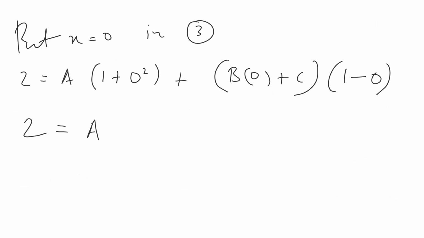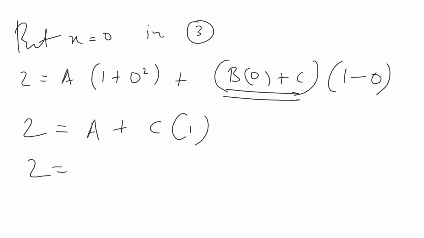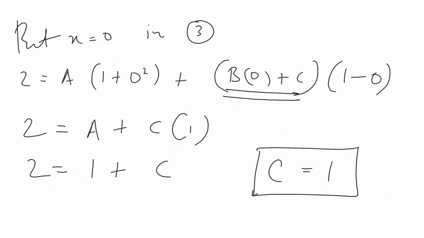So 1 plus 0 square is 1, 1 into a is a, plus c, this is c into 1. So 2 is equal to, the value of a is 1, 1 plus c. So c is also equal to 1.